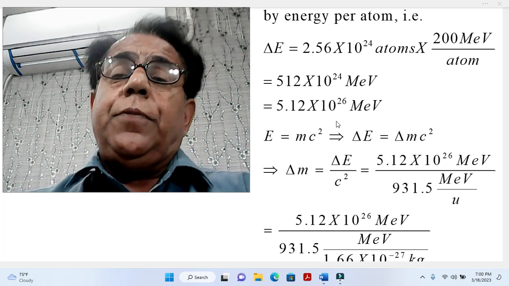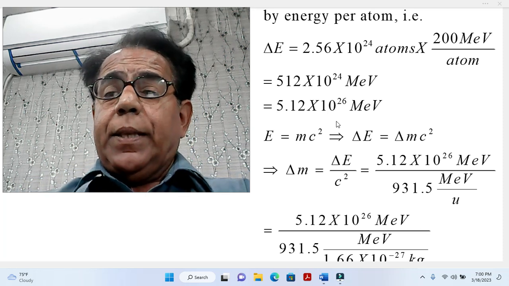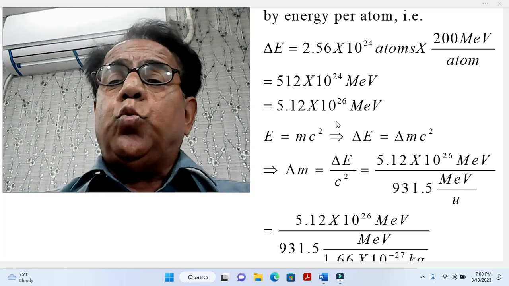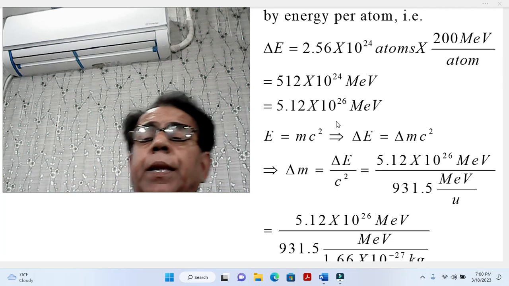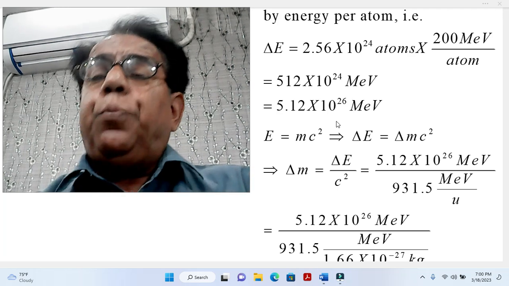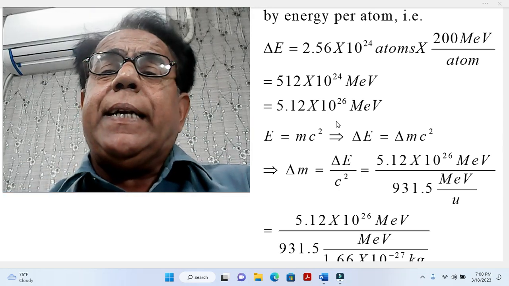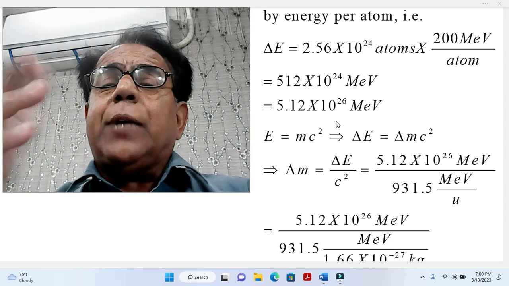We have used the value of c square as 931.5 MeV over U. This thing I have pointed out in two tools, so we do not need to go back towards tools.